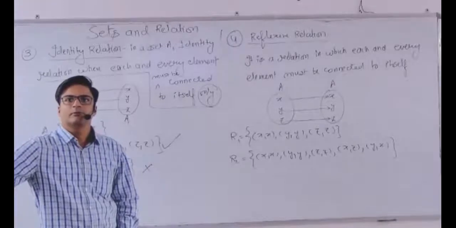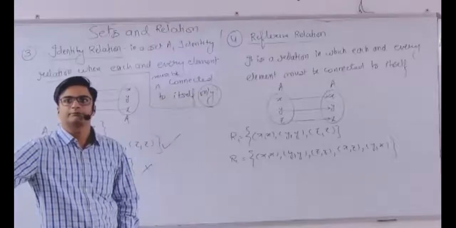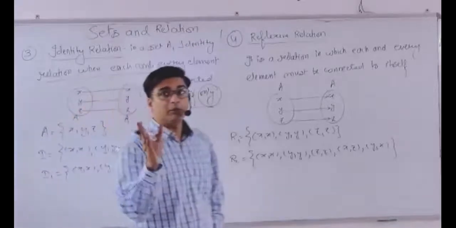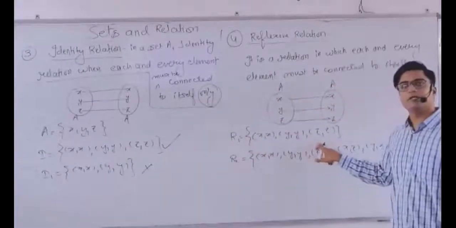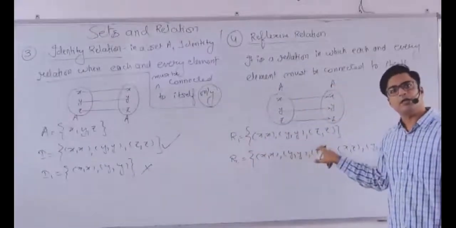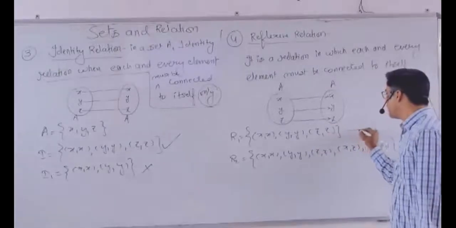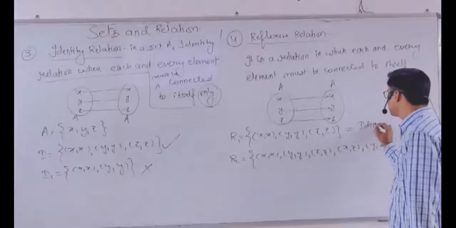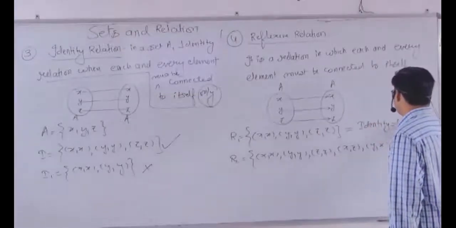Both, sir. Both are reflexive. I told you the minimum condition must be fulfilled. In your R1 relation, each and every element is connected to itself. So it is basically your identity relation as well as reflexive also.